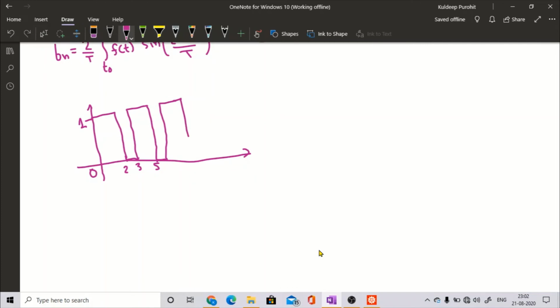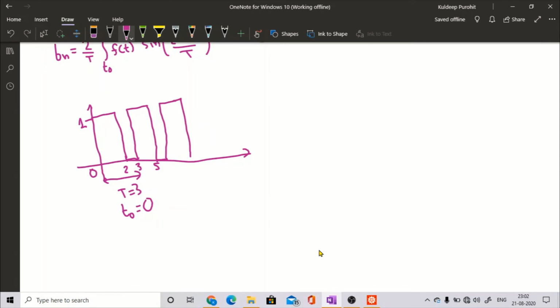This is the period, where it repeats the function after this much. So your T is equal to 3, and it starts from 0, so your t0 is 0. So you know these things.